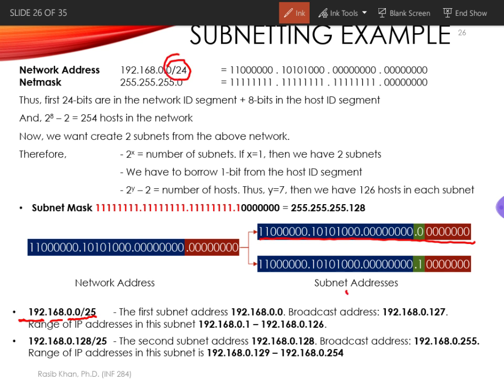So this is a /25 network that we have just created. For the next subnet, which is set to 1 in the borrowed bit, it converts to 192.168.0.128. And again, this is a /25 subnet.